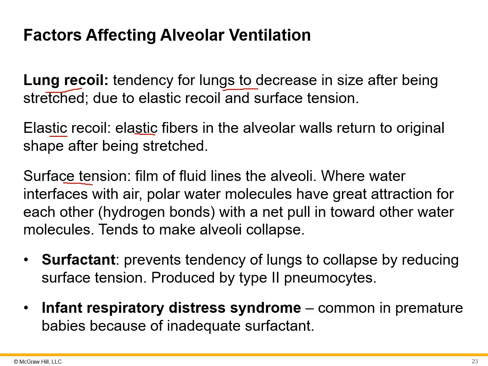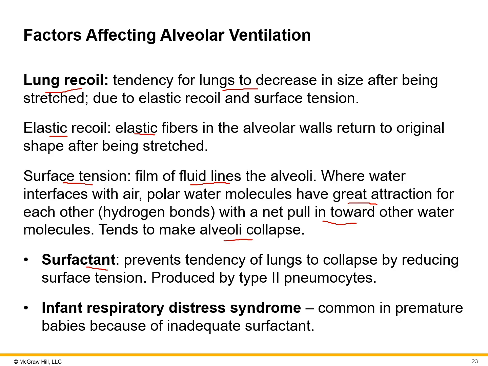We also have surface tension. There's a film of fluid that lines the alveoli. We have those type 2 pneumocytes that are releasing surfactant. So we have some film, some water building up there, and those water molecules have a great attraction for each other. That pulls them toward other water molecules, and that makes the alveoli collapse.